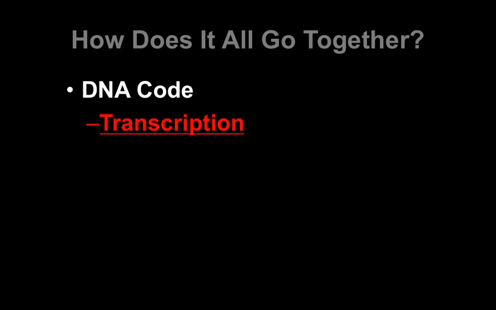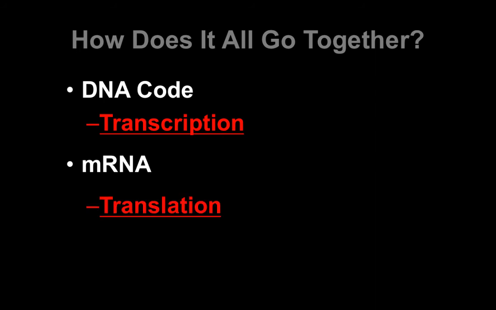So how does this whole process of protein synthesis go together? Well, remember we start with our DNA code, and through the process of transcription, we are going to transcribe that code into mRNA. And then through the process of translation, we're going to translate that mRNA code into amino acids, which form our protein.